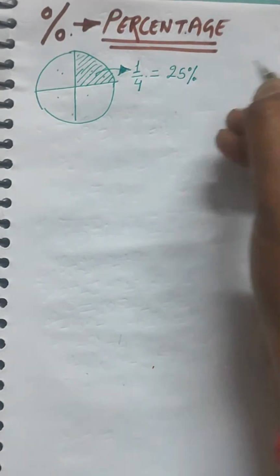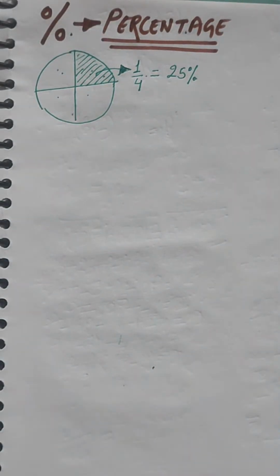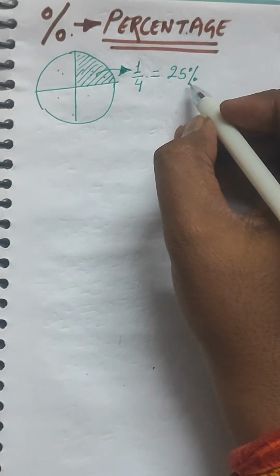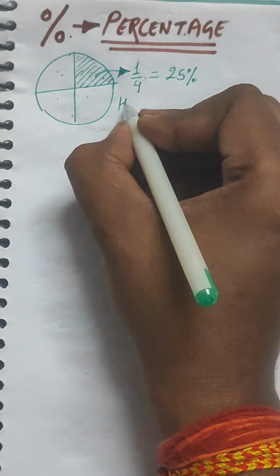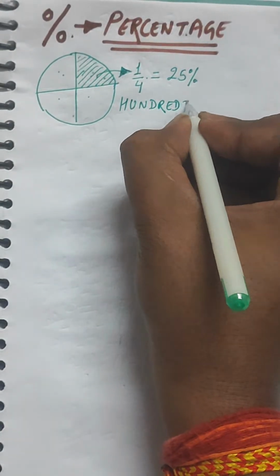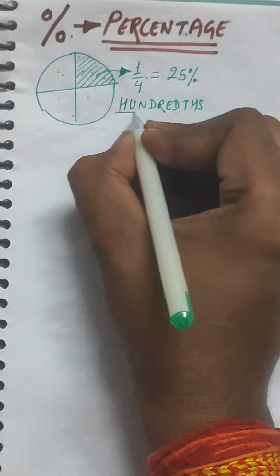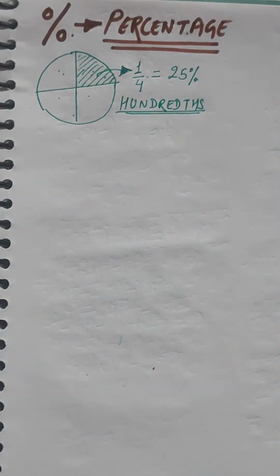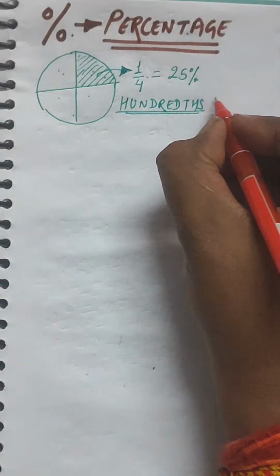So we can say that during the conversion of a percentage, it is in hundredths. What is hundredths? We have already learned earlier, that is 1 by 100.